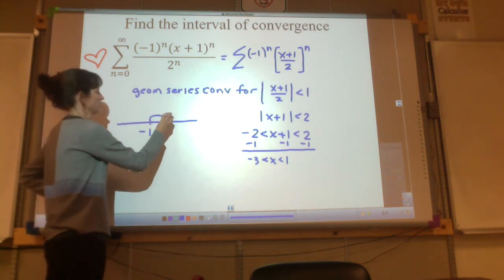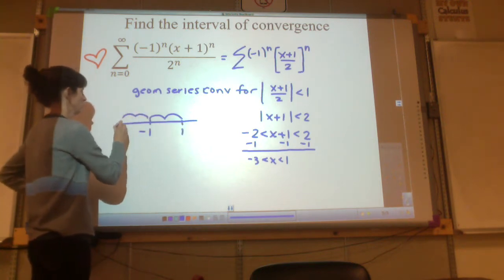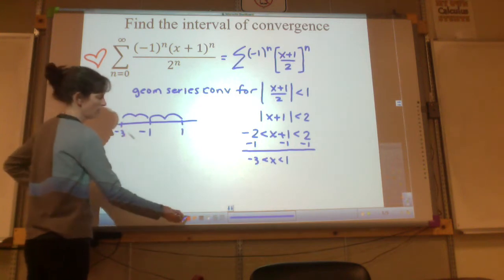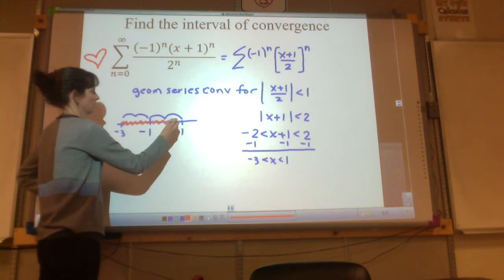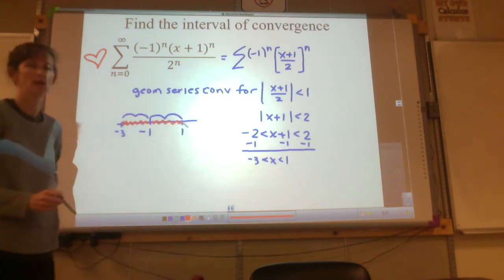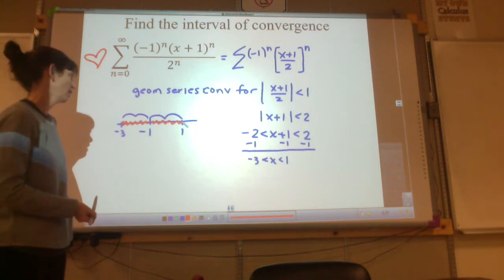So the distance this way is less than 2 gives me 1, and 2 this way gives me -3. So we're talking about all the numbers whose distance from -1 is less than 2 units away, right? What a nice interval and radius.